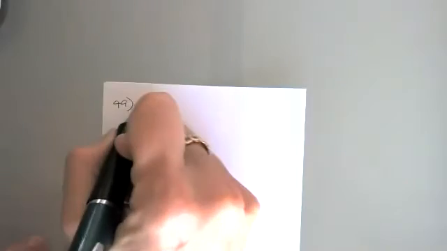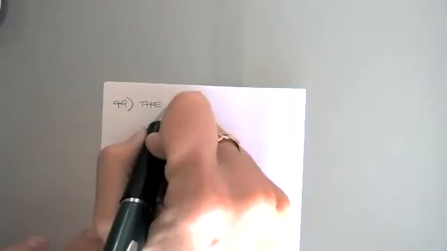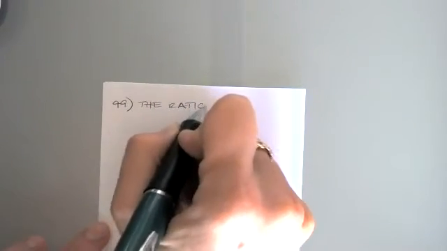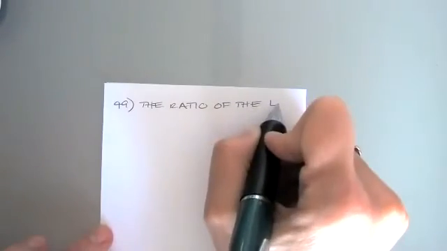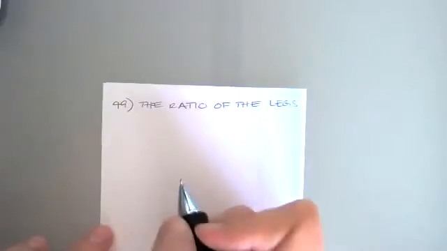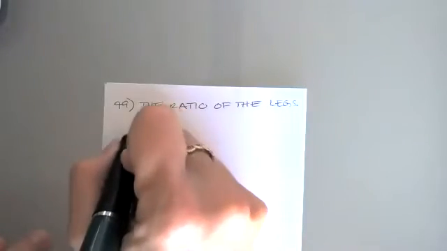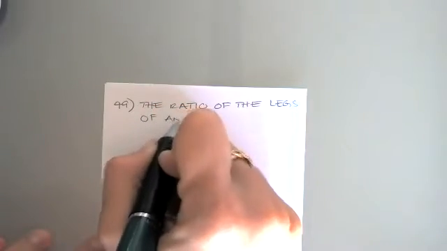So 49, the ratio of the legs of an isosceles right triangle.